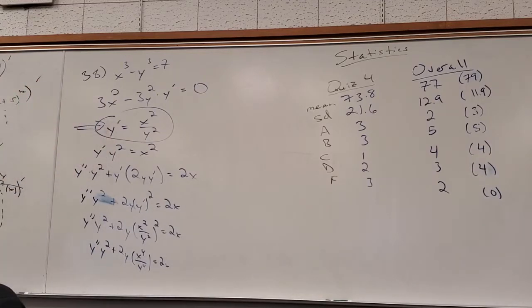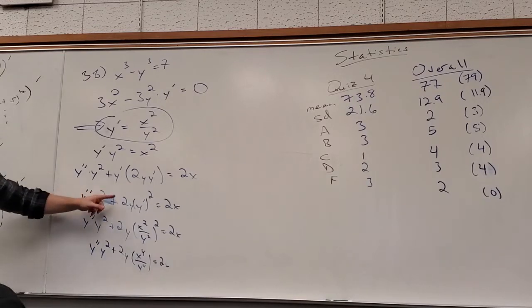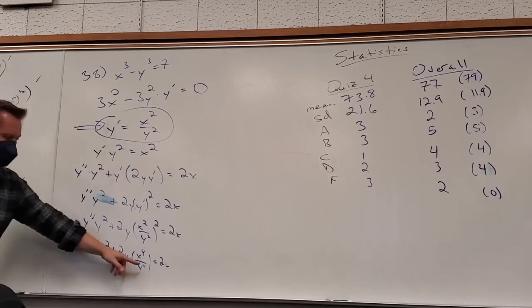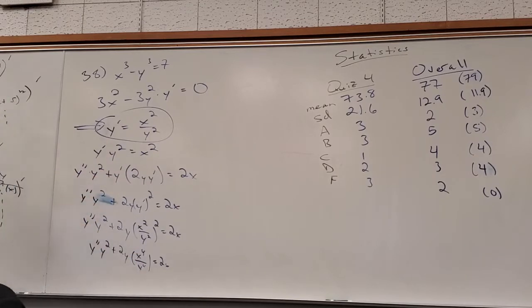X and y. Good, a point. So don't I want the same idea with the second derivative? I should just have to tell somebody a point. So if I stop here, I'd have to do this first, and then no. I just want a function that's only got x and y. Give me a point, I can solve for y double prime.